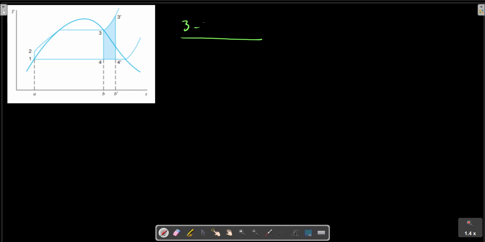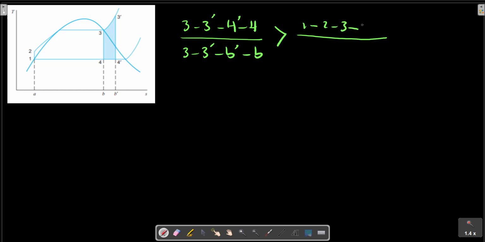3 prime, 4 prime, 4, on the 3 prime, B, is greater than the rest of the cycle. So we have 1, 2, 3, 4, 1, and the ratio of these two areas.